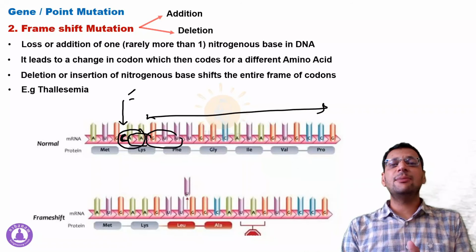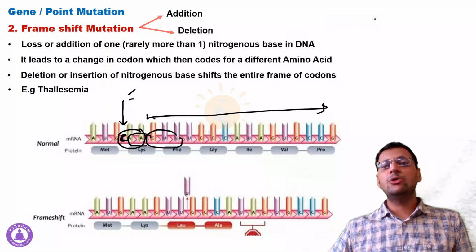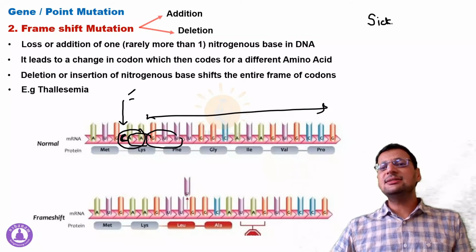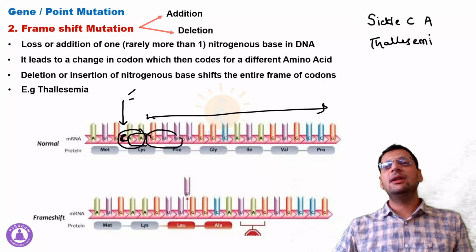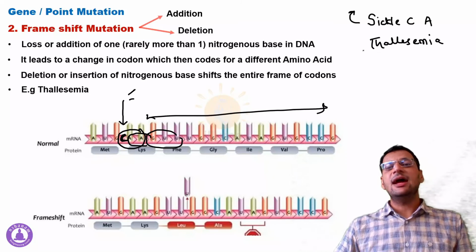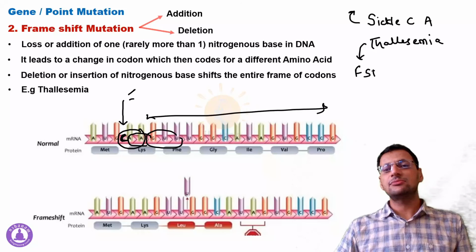And the classical example of a disease occurring because of frame shift mutation is thalassemia. Now in this video I discussed two blood anomalies, sickle cell anemia and thalassemia. Both of them are related to hemoglobin, and sickle cell anemia is a classical example of a point mutation, and thalassemia is a classical example of a frame shift mutation.